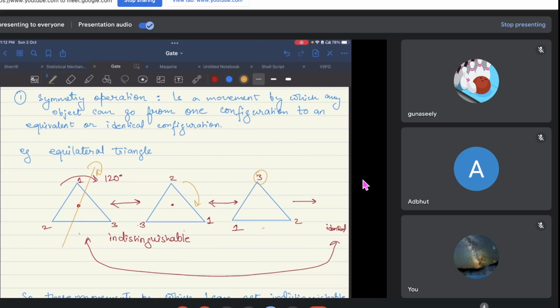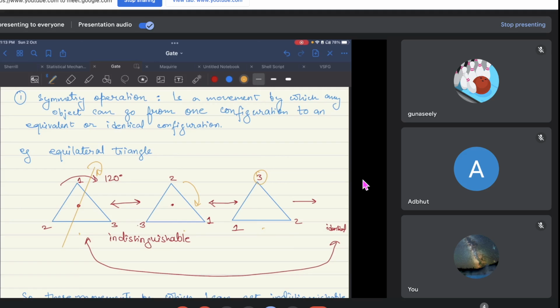Because what happened here is, if I am not tagging the particular side, there will be no distinguishability between them, so hence they are equivalent. But if I am tagging them, you will know that they are not exactly identical like the first structure.